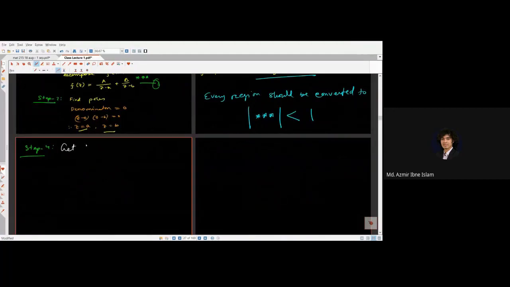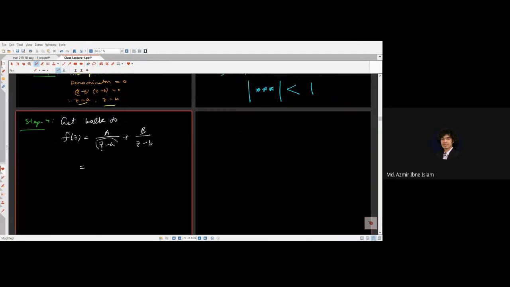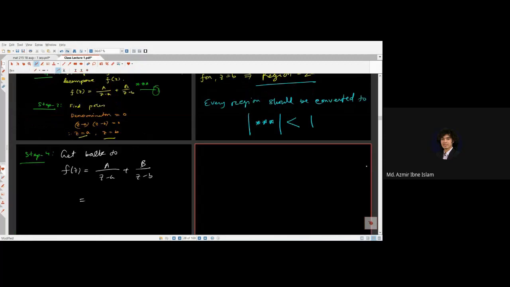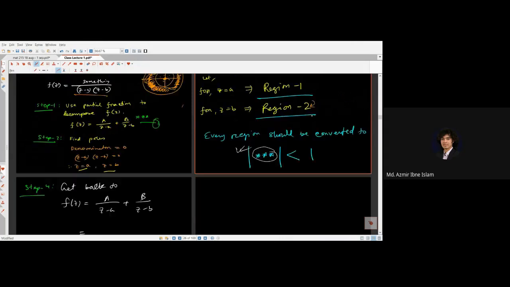So get back to f of z equal to a by z negative a plus b by z negative b. So here in the denominator we have the factors z negative a and z negative b. But in step 3, let's say we have already the new region, modulus of something less than 1. For pole 1, we have found one region. For pole 2, we have found another new region.